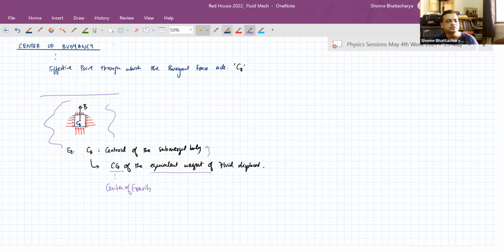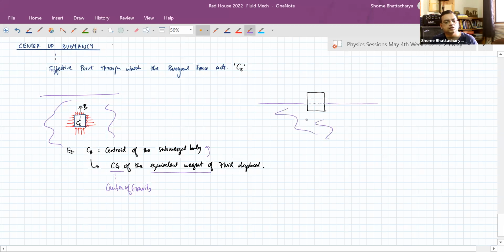Okay. Whereas if we have an object which is partially submerged, like this one, now suppose this is submerged, this much part, then the buoyant force will act through a center of buoyancy, which will be the centroid of the submerged portion of the volume.